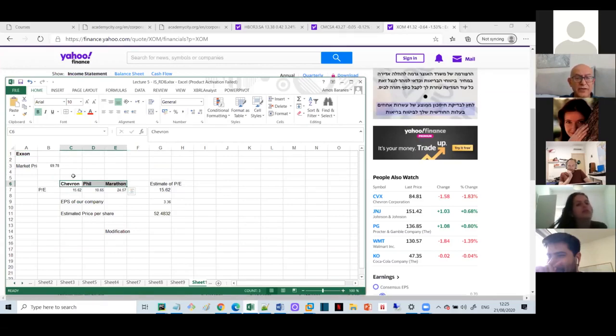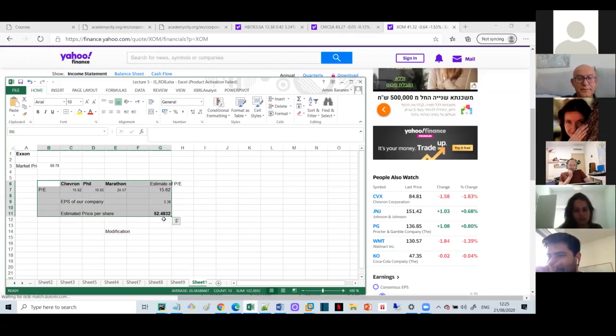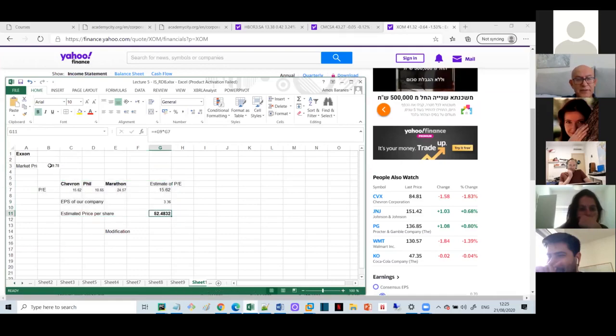Based on the comparable companies, you're estimating what's supposed to be the price of the shares of Exxon. You're ending up with the 52.48. And then you're comparing this number to this number. Good. I think if you do it this way in your paper, that's perfect.